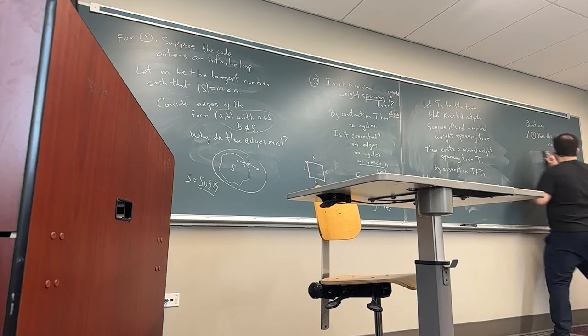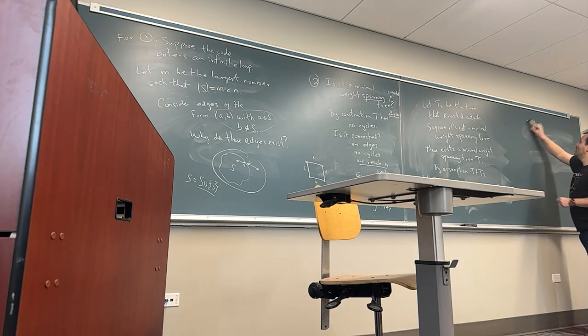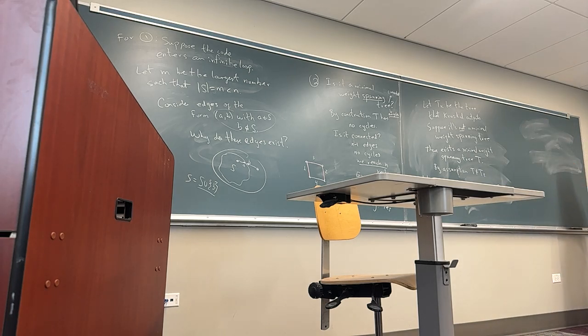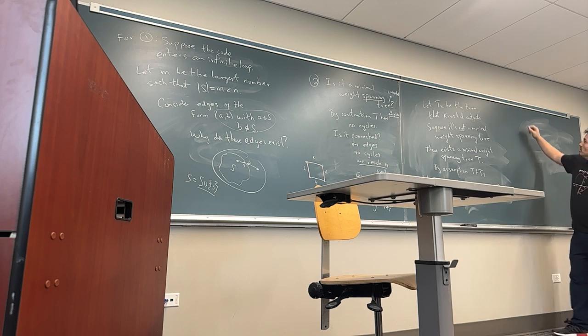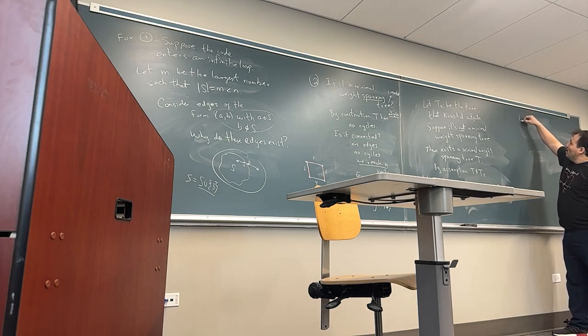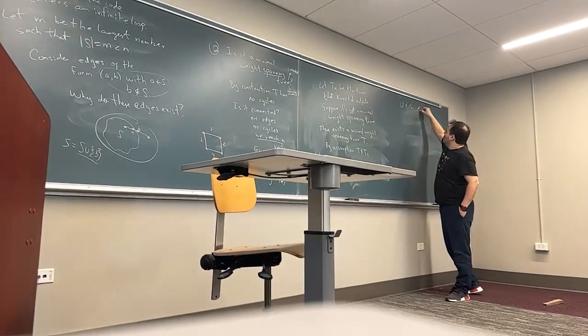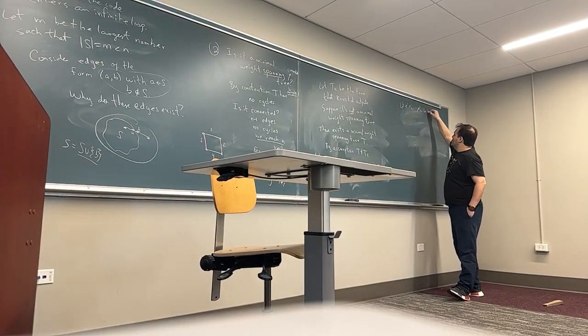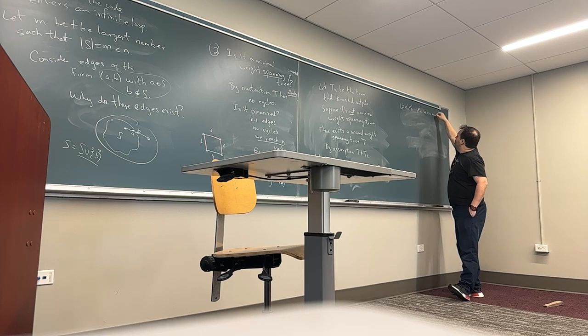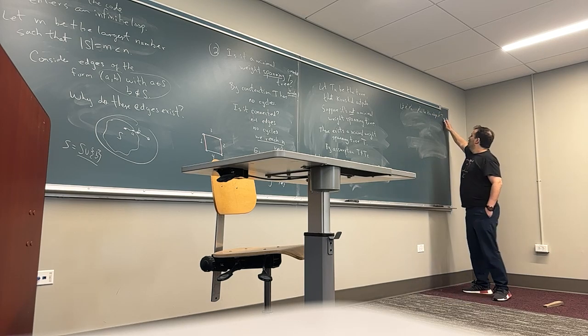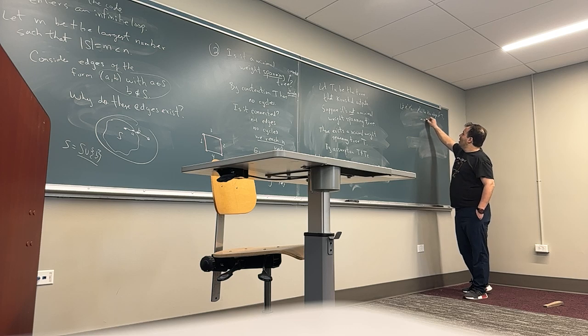And then we grab T, and we do the same with T. So let E1 prime, E2 prime, to En minus 1 prime be the edges of T in order of weight.